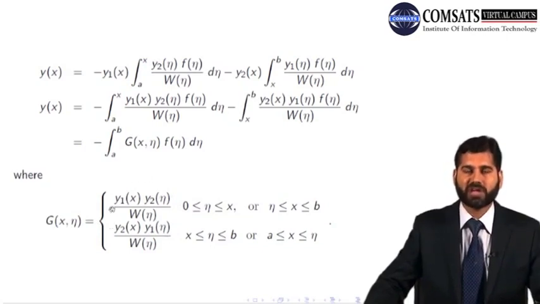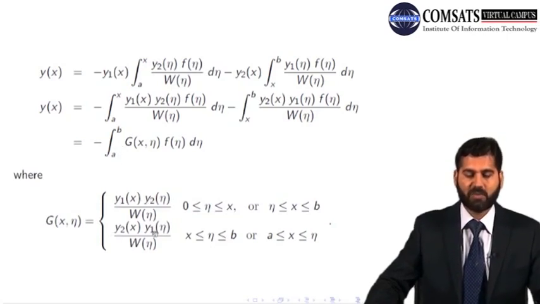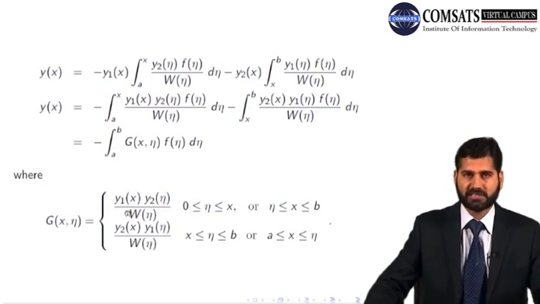If you want to save your time, you can construct the Green's function by using y1 and y2, and then use this to find your particular solution. So y1(x) y2(eta) minus y2(x) y1(eta), divided by the Wronskian. y1 and y2 are the solutions of the corresponding homogeneous equation. All right.